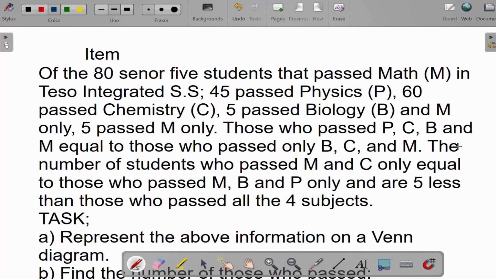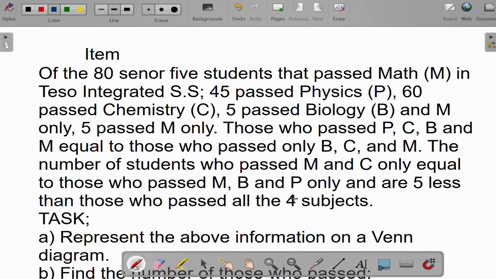So we proceed. The number of students who passed math and chemistry only equals those who passed math, biology, and physics only, and are 5 less than those who passed all the 4 subjects.